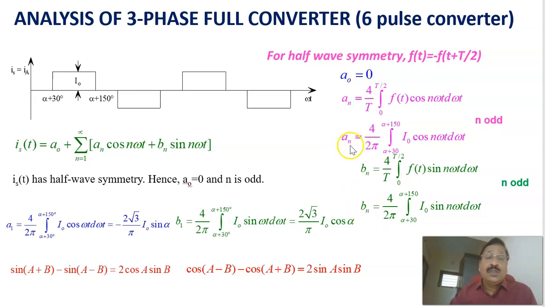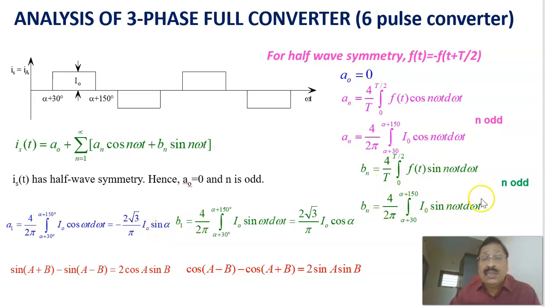Now, if you substitute different values of n, for example n equal to 1, you get A1. Therefore, A1 equals 4 by 2 pi integral alpha plus 30 to alpha plus 150 of I naught cos omega t d omega t. We'll derive the equation in the next slide. It is equal to minus 2 root 3 divided by pi into I naught sin alpha.